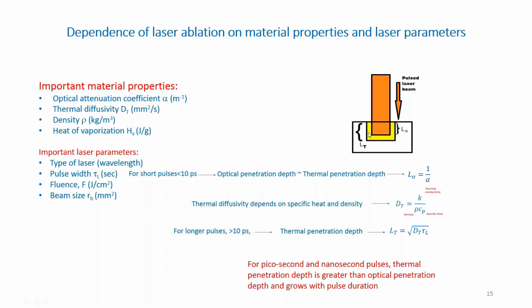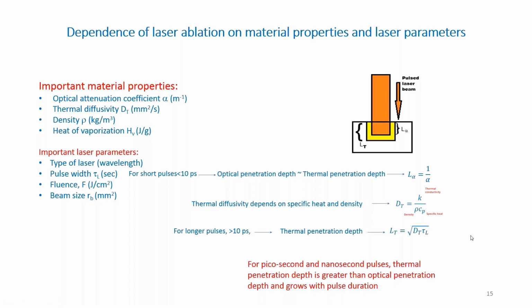So the light might go only up to the orange area, but the heat will go into a bigger area defined by this LT, which is the thermal penetration depth. This thermal penetration depth depends on the pulse width and also on the thermal diffusivity. So pulse width comes into the picture when you are in a regime that is more than 10 picosecond.